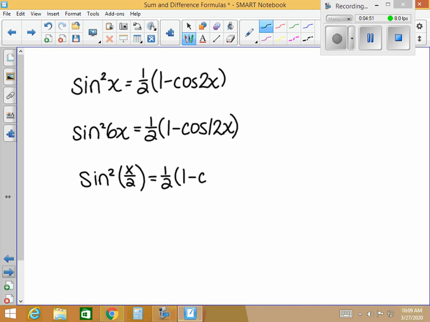So when I double the angle x over 2, 2 times x over 2 just gives me x. This is actually going to be something that I see again in the next video. And the only thing different if I would change any of those signs into cosines is there would be a plus sign right here instead of the minus sign all the way down.